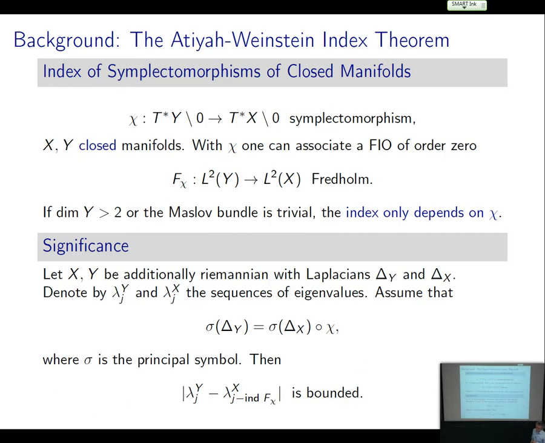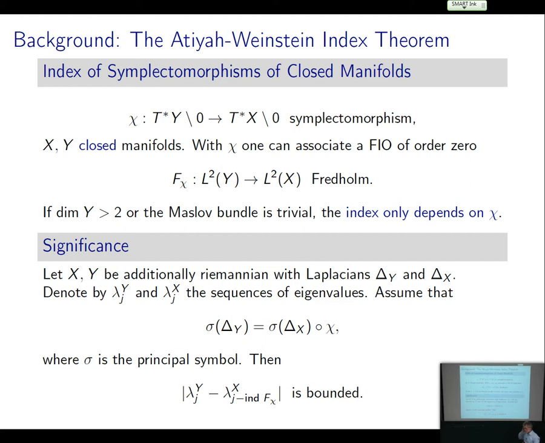Okay, the Atiyah-Weinstein index theorem is what makes this thing really interesting. And to explain this, let me just do the following. So you have, now in this case, closed manifolds, X and Y. You have the symplectomorphism, just the same as before, one homogeneous in the fiber.